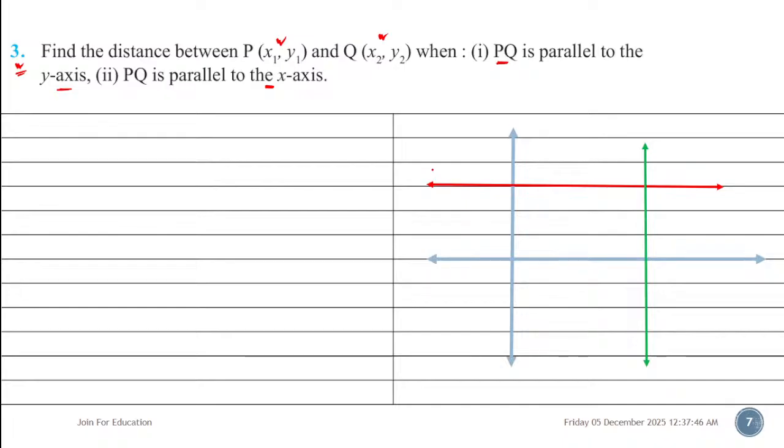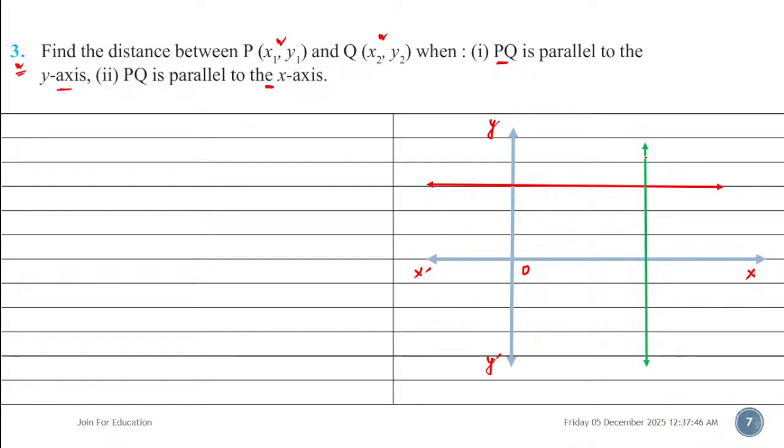So suppose this is the origin, this is the y, this is the y dash, this is the x, and this is the x dash. So PQ is parallel to the y-axis.